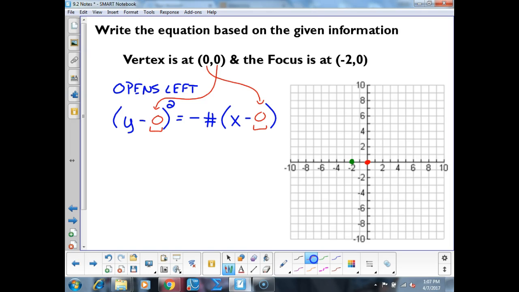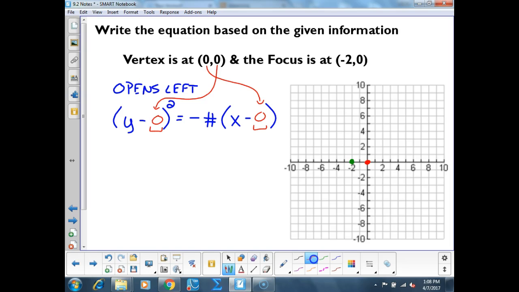What else can you tell me from the picture now? That -2 is going to be the what? The directrix is a line, so it's not a point.